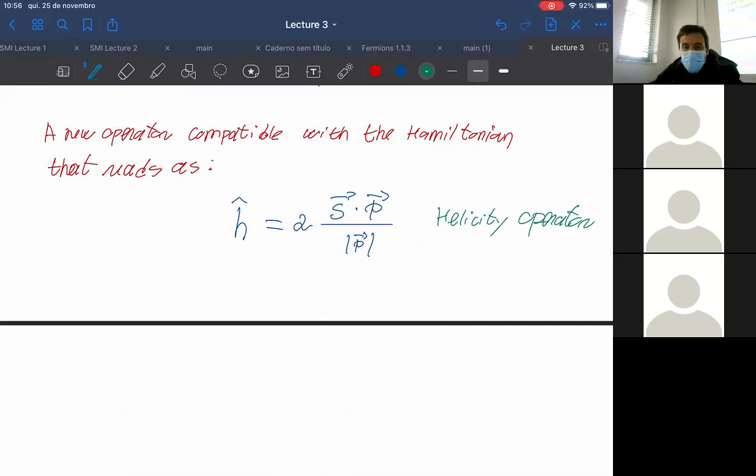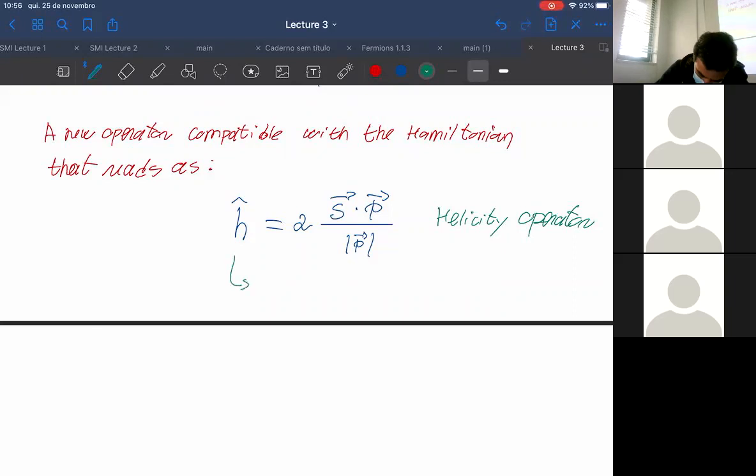The P modulus of P is simply to normalize the P direction, pretty much to make it unitary, but it's irrelevant for the discussion. But the physical meaning, at the end of the day, is what's important.